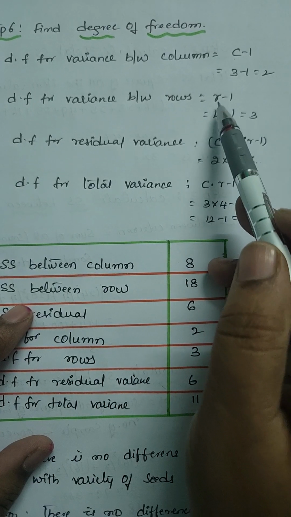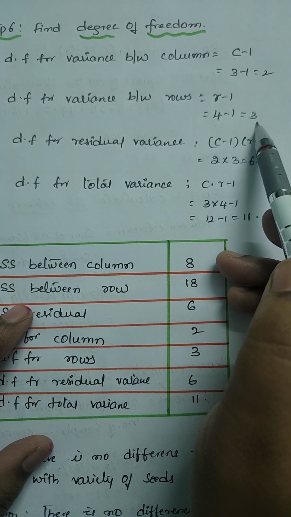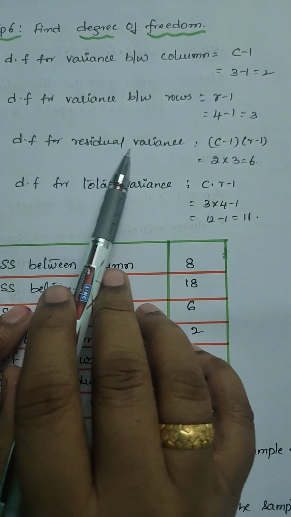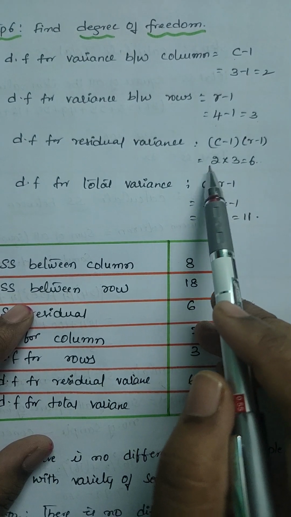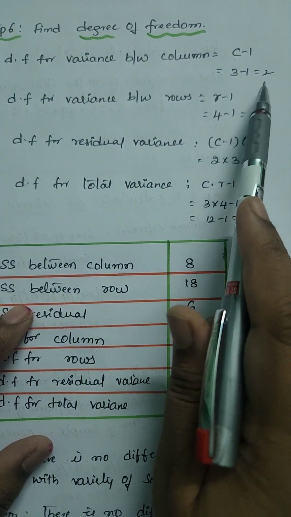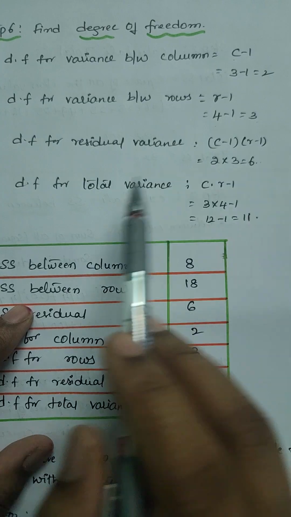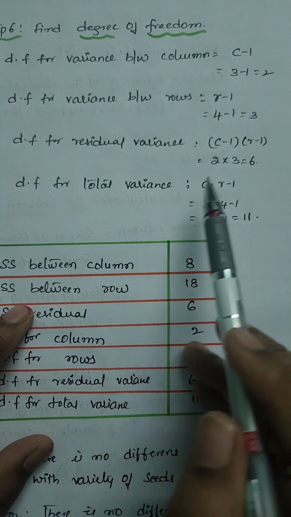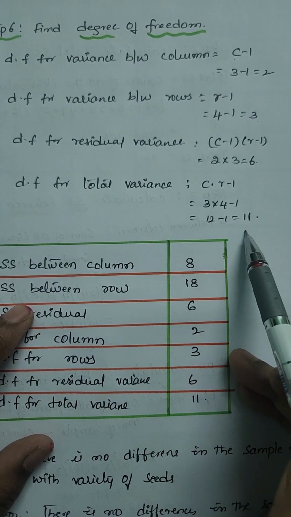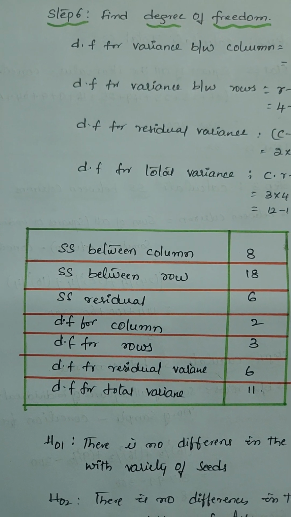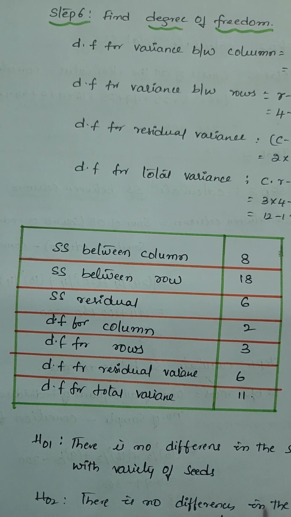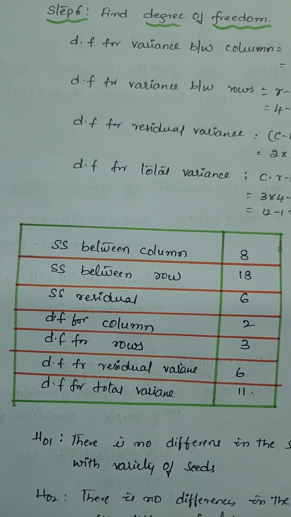We have 4 rows, so 4 minus 1 is 3. The degree of freedom for residual variance is c minus 1 into r minus 1, which is 2 into 3, that is 6. The degree of freedom for total variance is c into r minus 1, which is 11.